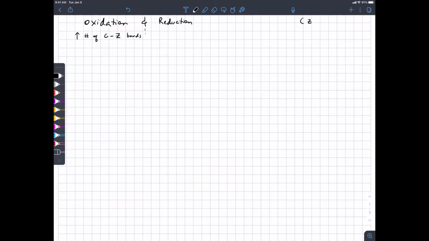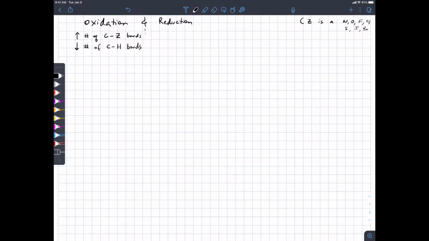In parentheses, Z here is a heteroatom, meaning a nitrogen, an oxygen, a halide, sulfur, basically anything more electronegative than carbon. Another type of oxidation could include a decrease in the number of carbon-hydrogen bonds. All right?